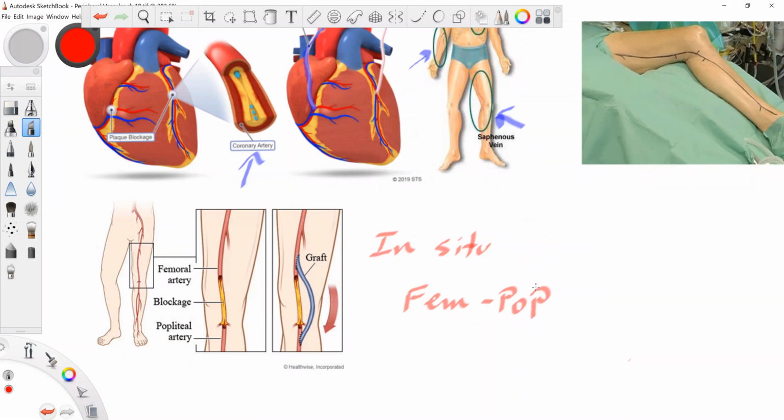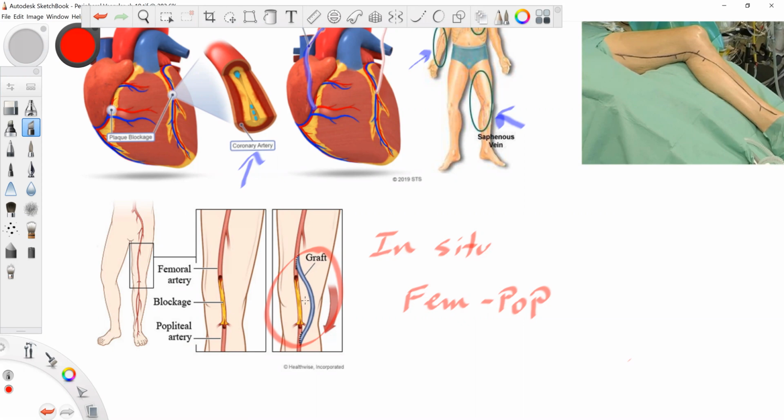What they've done here, if they've taken this vein, and you can see this right here, they've taken the vein and they've attached it to the artery superiorly or proximally, bypassed the occlusion here, and they've gone into the popliteal, and so now the rest of the leg is fed with blood.